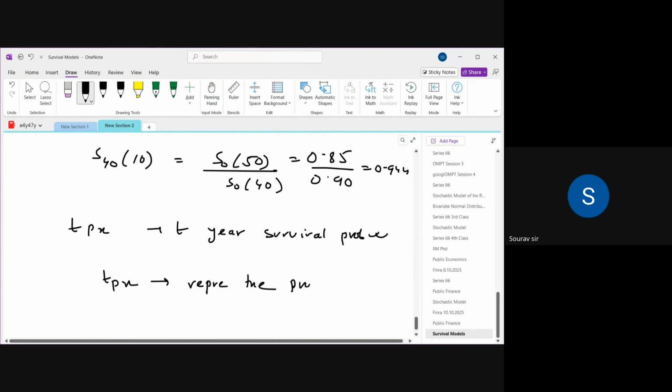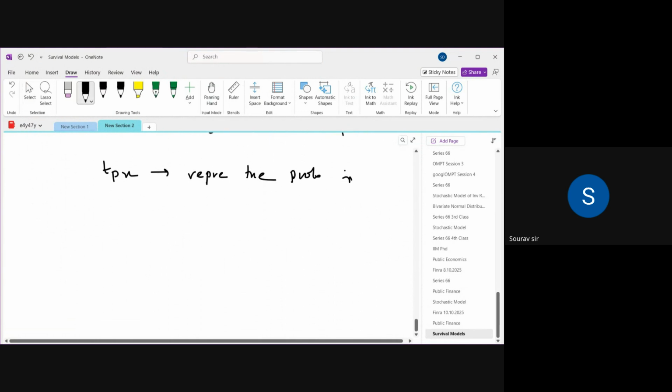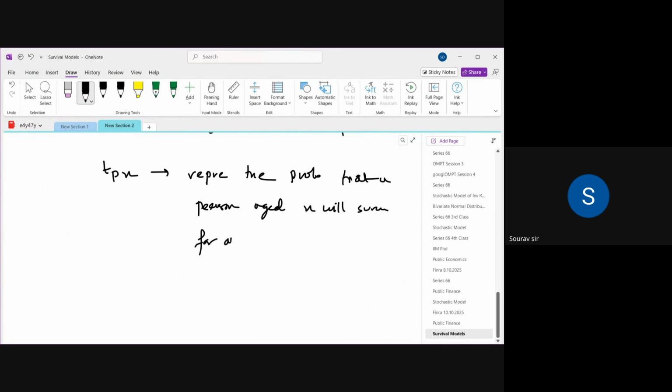The probability that a person aged x will survive for at least t more years. Okay. So it is equivalent to the survival function, that is S(x, t).